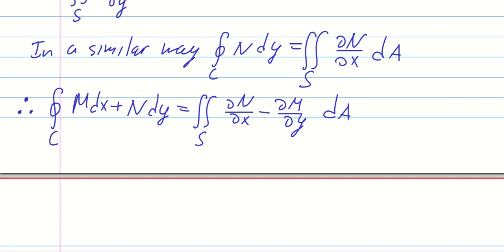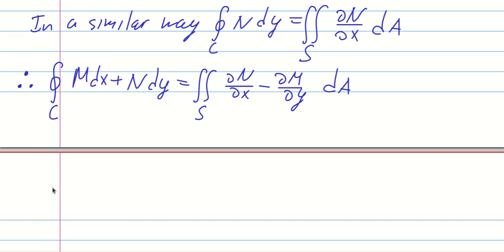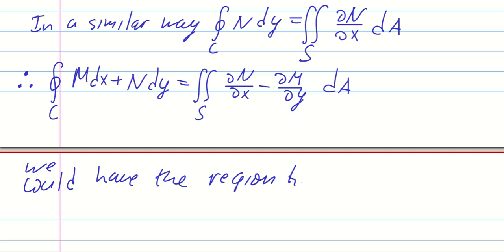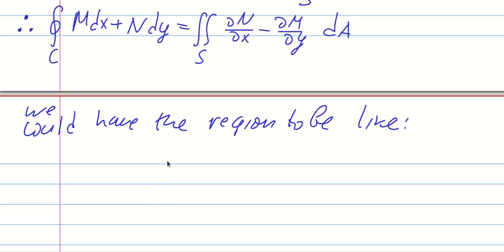All right, so we assumed our region was really easy. What happens if we have something like this? We could have the region to be like this. So what's going on over here? We have a function on the left, we have a function on the right.